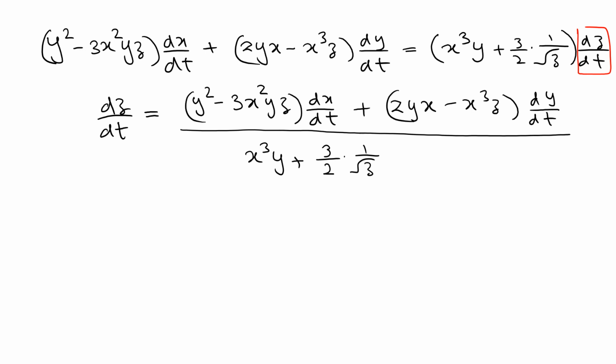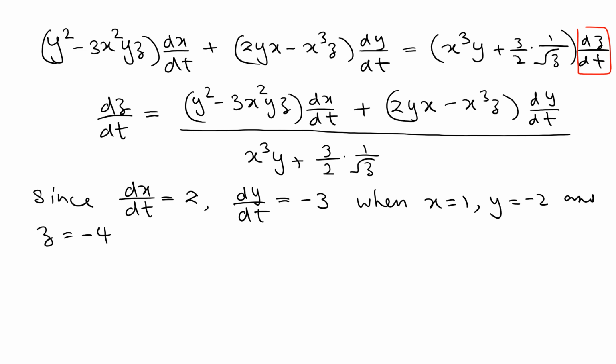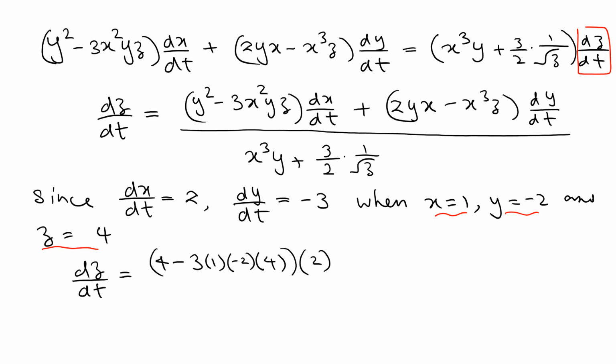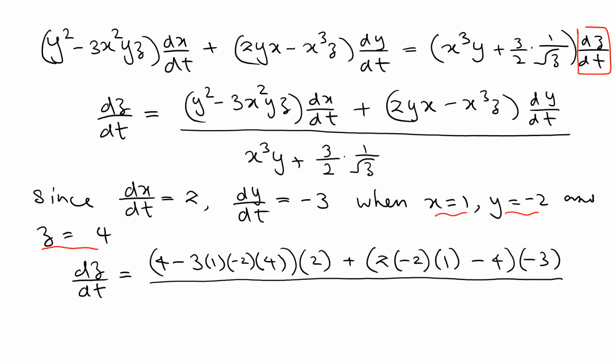Since dx over dt equals 2, dy over dt equals negative 3, when x equals 1, y equals negative 2, and z equals negative 4, we're going to get a plus, divided by negative 2 plus 3 halves 1 half.